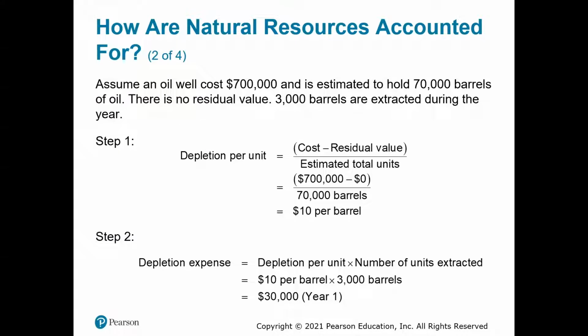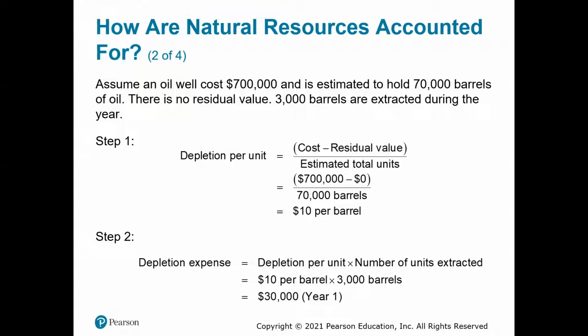Assume an oil well costs $700,000 and it is estimated to hold 70,000 barrels of oil. There is no residual value. If 3,000 barrels are extracted during the year, depletion is calculated as cost minus residual value, divided by estimated total units.